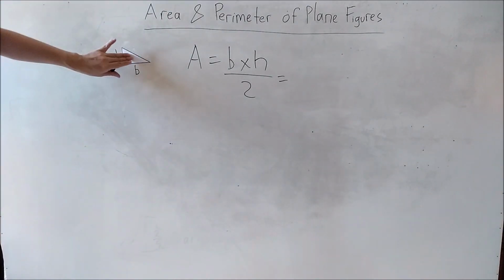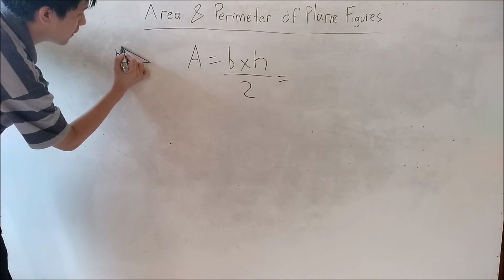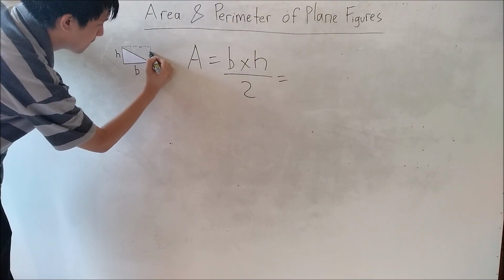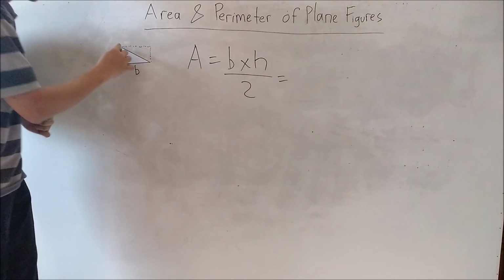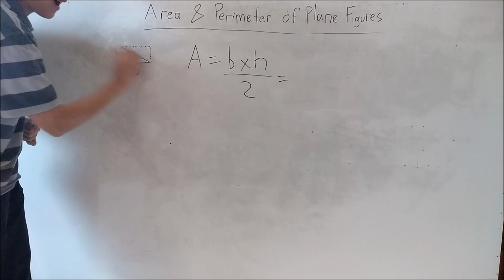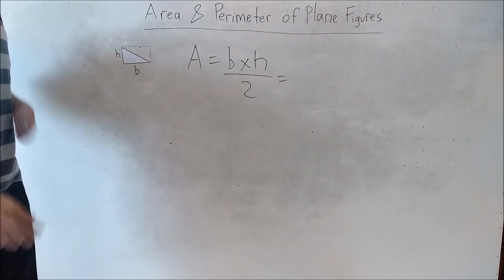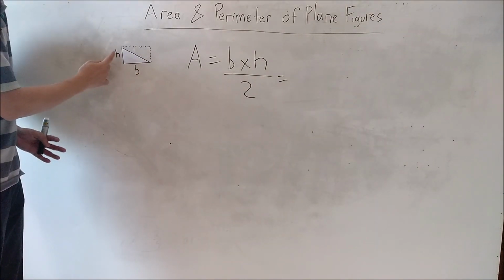Well, if I complete this triangle, let me show you. If I complete it like this, you can see that it seems like a rectangle, but I cut it into. We have learned just now that a rectangle is length times breadth.